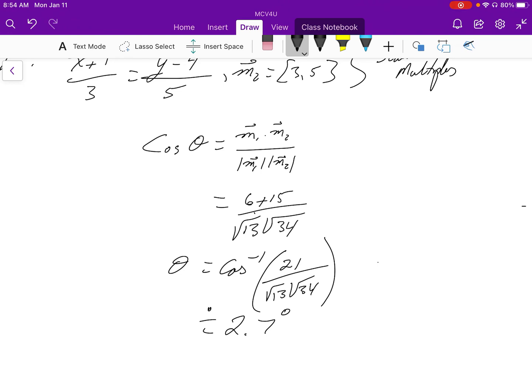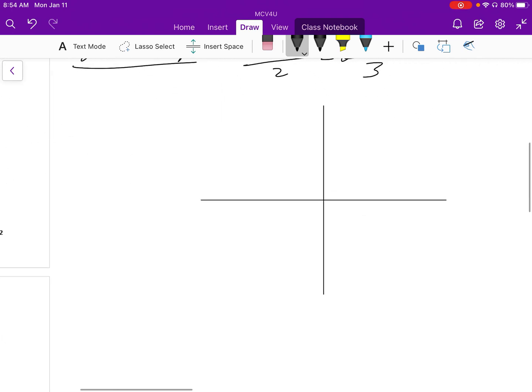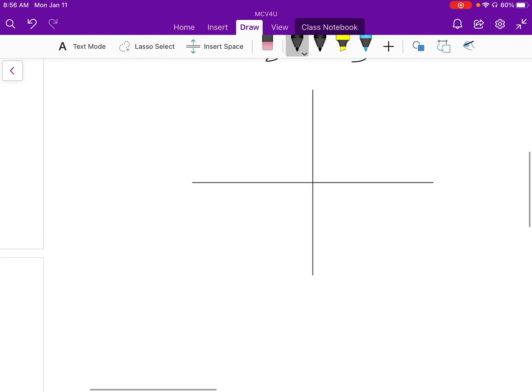Now, the last equation that we're going to take a look at is called a scalar equation. I'm going to show it to you over here. This is the scalar equation in two space, so we're looking at two dimensions.